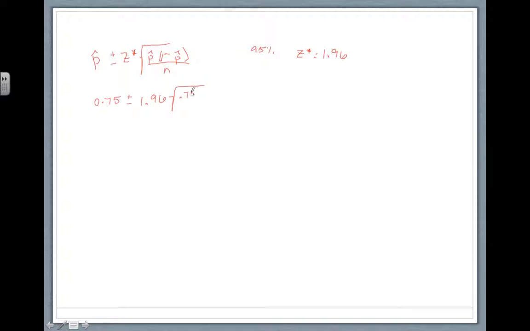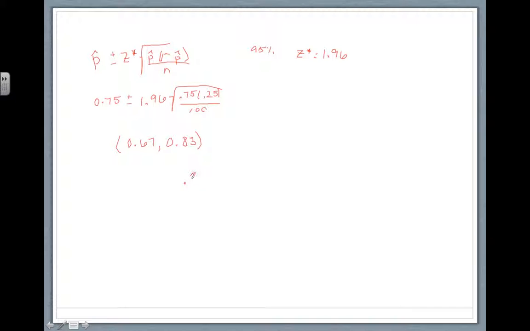And I have 0.75 times 0.25 over my sample of 100. Just working through the calculations, I'm going to get a confidence interval of 0.67 to 0.83. So we're 95% confident that our true proportion lies between 0.67 and 0.83, when we know that our null hypothesis is not true.